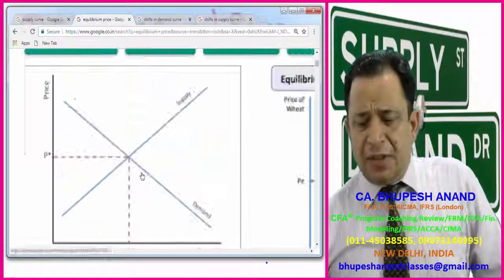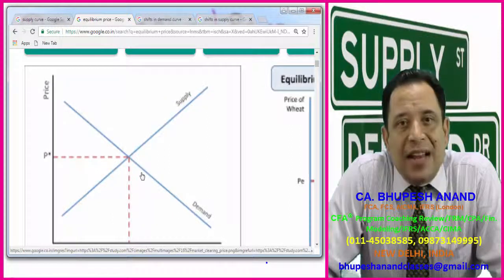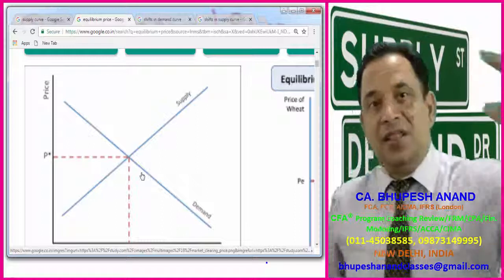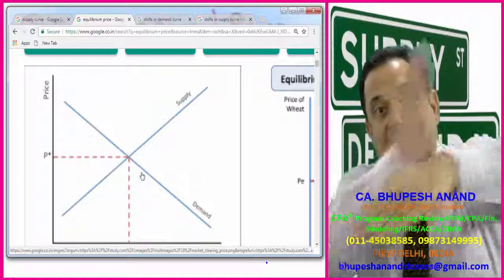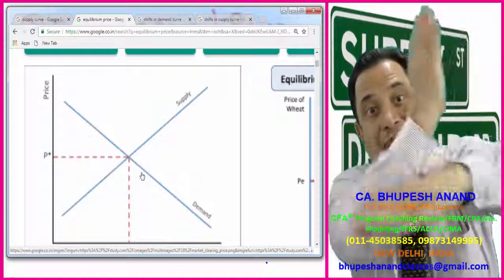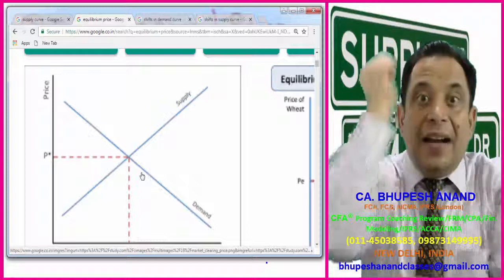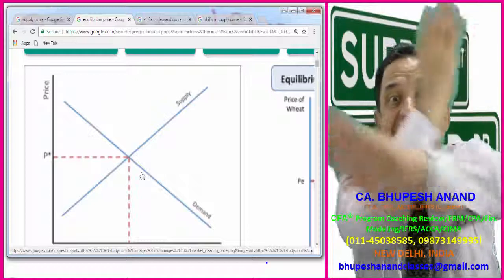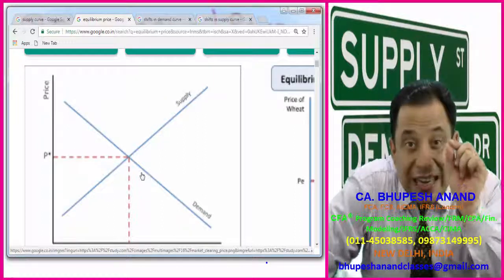The next concept which I want to share with you is named equilibrium price and equilibrium quantity. This is the demand function. This is a demand curve which is negatively sloped, and this is a supply curve which is positively sloped. Now this supply curve and demand curve intersect each other at a point. That point is named the intersection point.